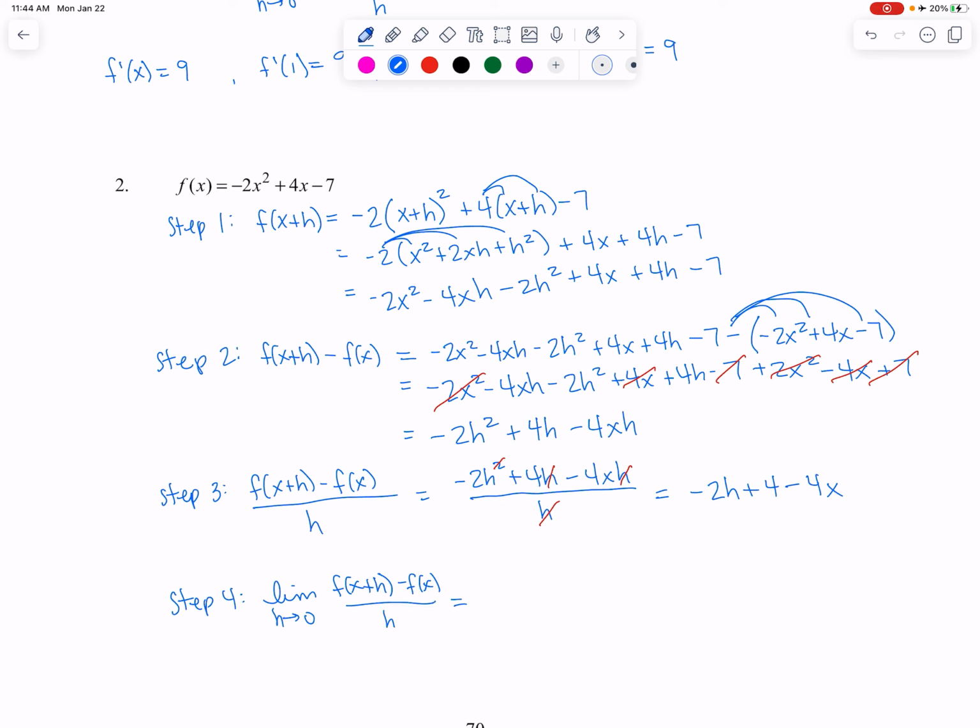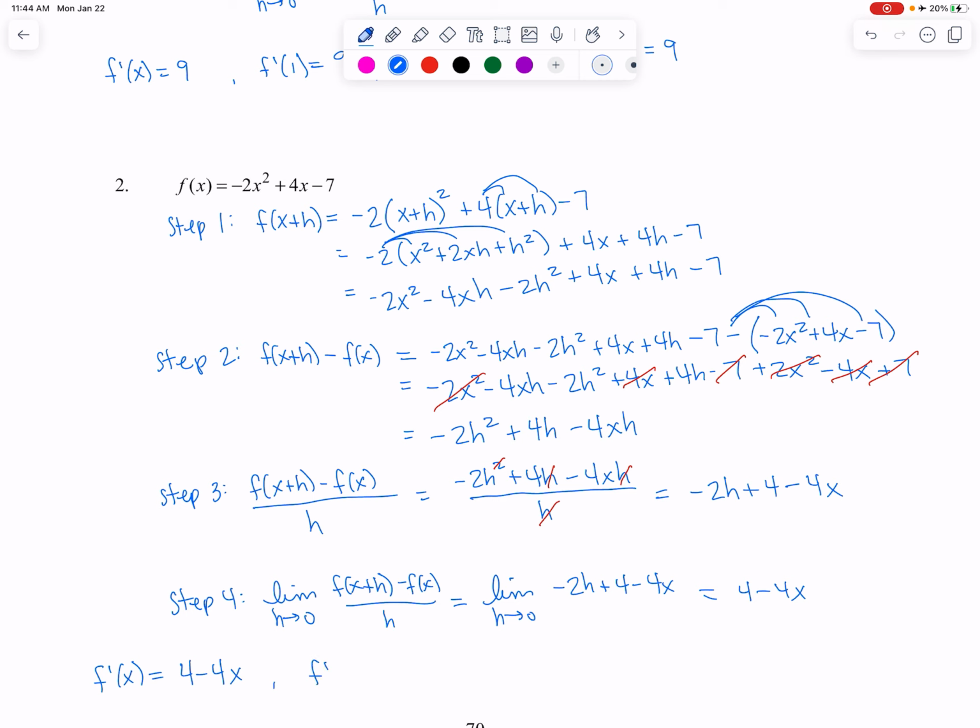So we have the limit as h goes to 0 of negative 2h plus 4 minus 4x. So h is going to 0, which is going to leave us with 4 minus 4x. So that means f prime of x equals 4 minus 4x.